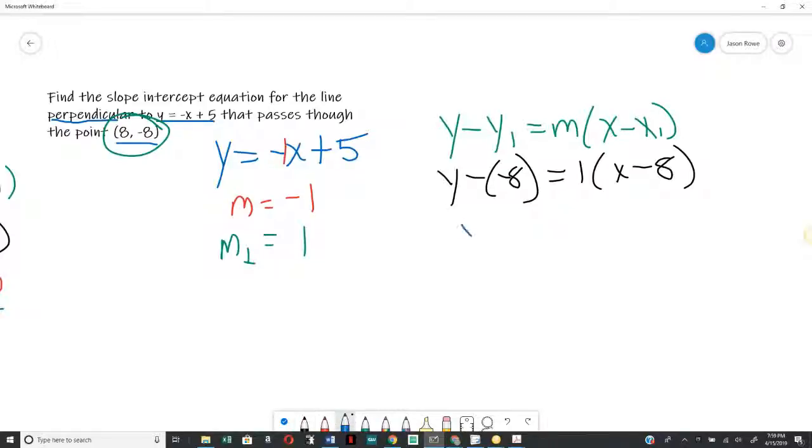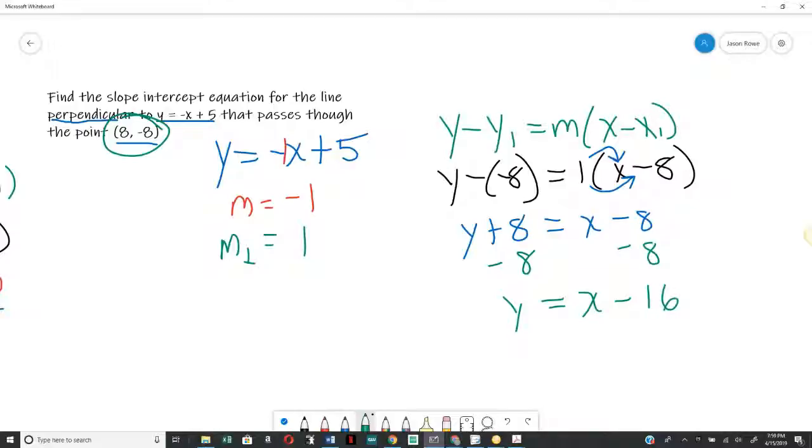And again, get it in slope-intercept form. 1 times x is 1x, or just x. 1 times -8 is -8. We're going to subtract 8 from each side. And so our perpendicular line will be y equals x minus 16.